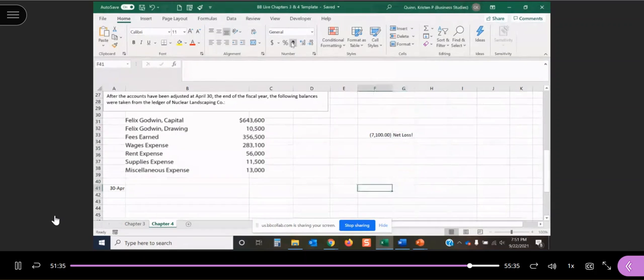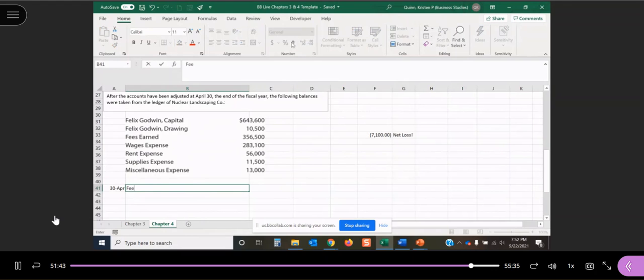This is important to know because remember, my rules of journal entry is that we have to record any account that's being debited first. So fees earned, we're going to debit it for that $356,500 because normally it increases with the credit. We're doing the exact opposite to close it.